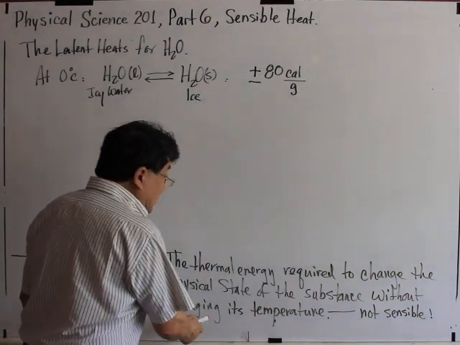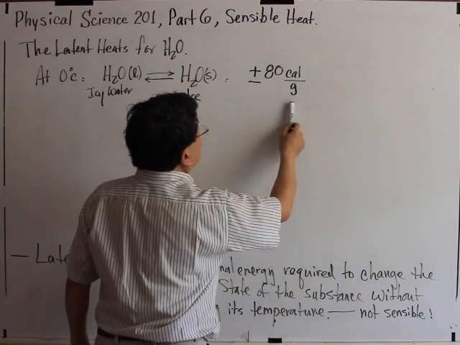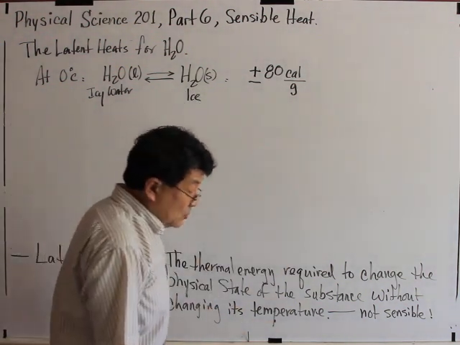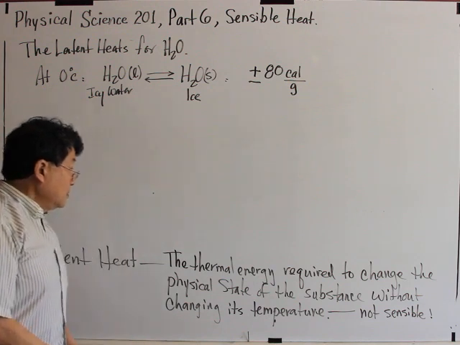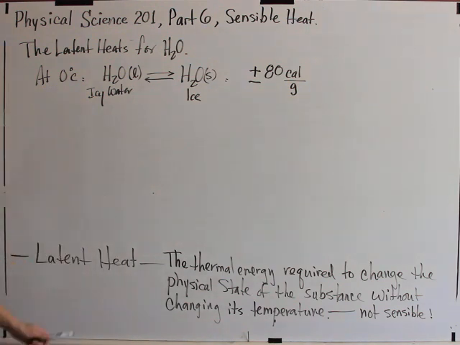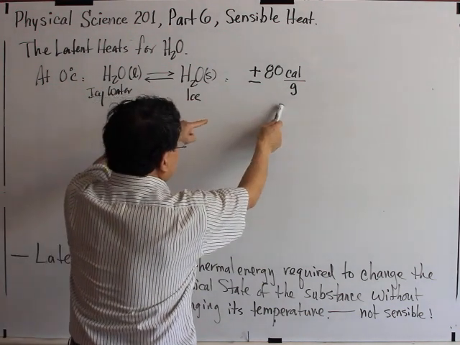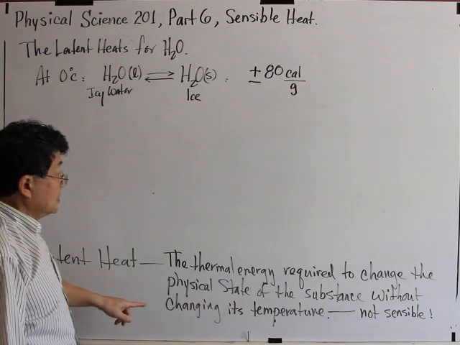The specific heat capacity is calorie per gram per degree. You tell me why the degree sign is missing. Well, if you cannot figure it out, go back and review the definition of latent heat. We are talking about latent heats, right? That's one of them.